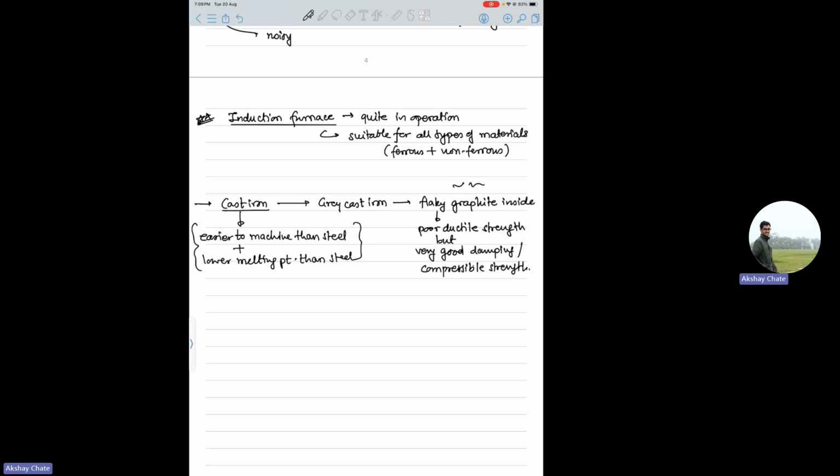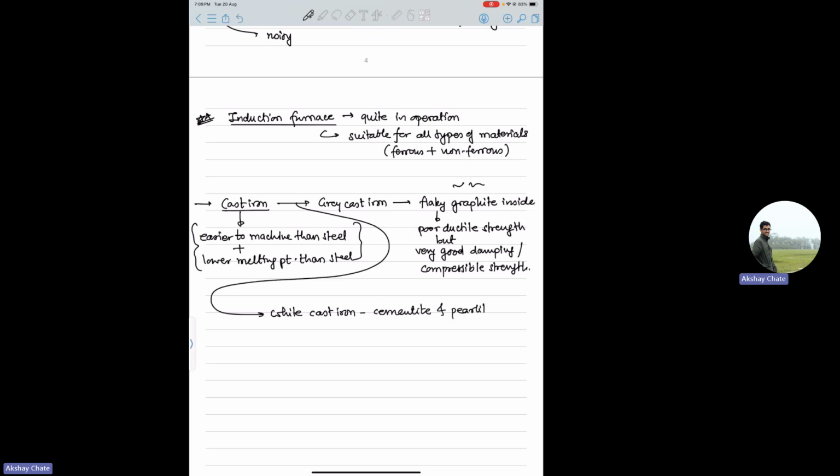So instead of graphite, you will have cementite and pearlite.